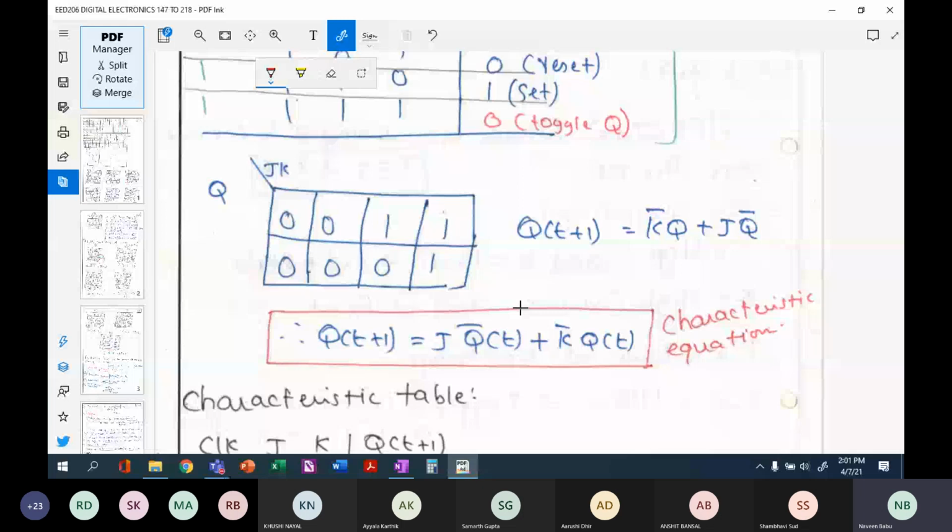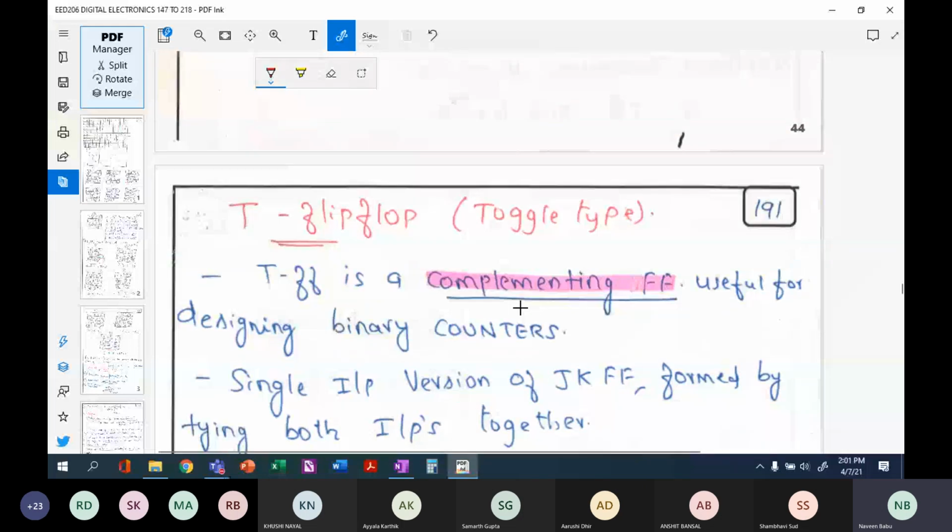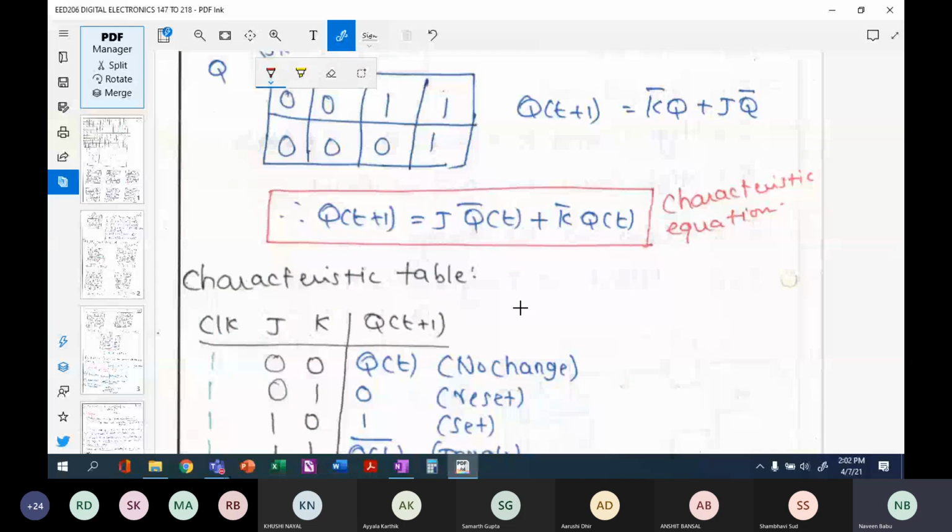And we spent a lot of time on JK flip-flops working, especially eliminating the 1-1 condition of SR flip-flop and how that worked in toggling your output when your J and K are equal to 1, right?